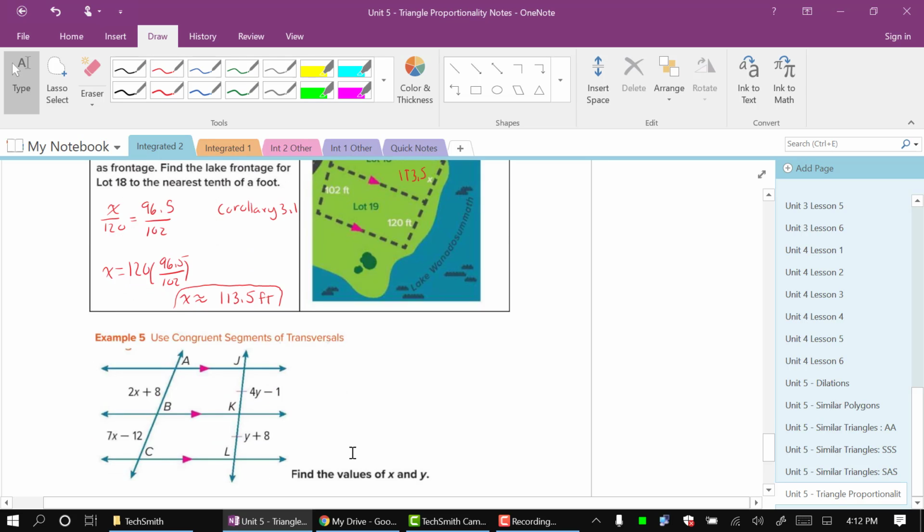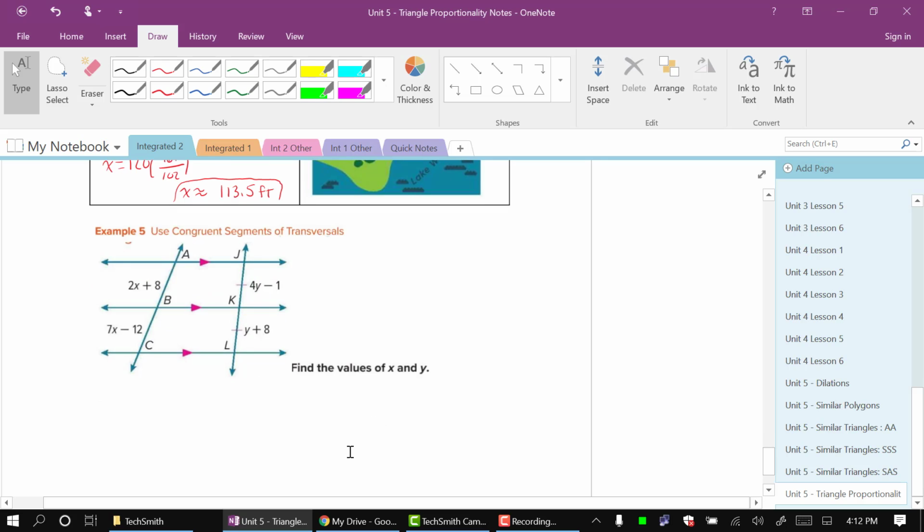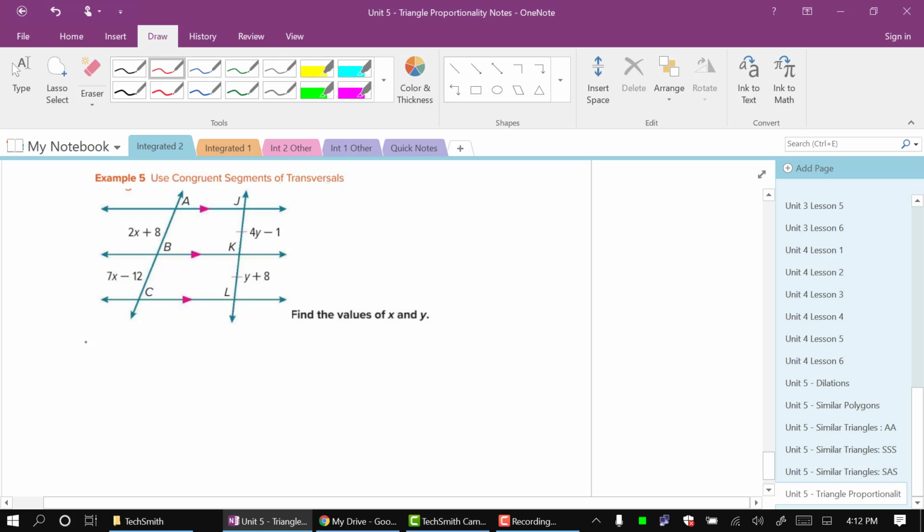And then let's take a look at example 5. So I have these three lines. They're all parallel to each other. They're cut by our transversals. We want to find the values of x and y. Let's start off with finding x. If these are all three parallel lines cut by our transversals, then this is going to be proportional to this.